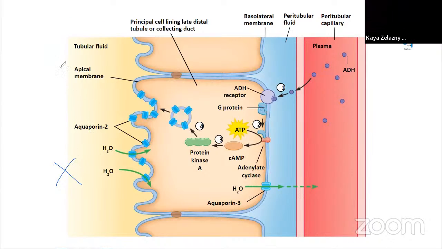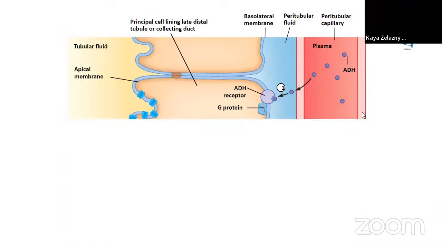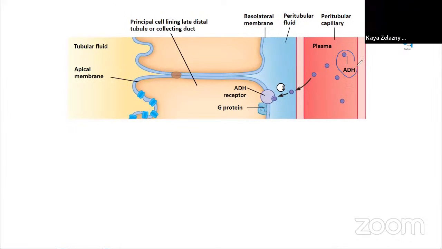So this is where we have our soon to be urine flowing. And this is our cell, specifically a principal cell in this tubule. We'll go through it piece by piece. All right. So the first thing we're keying in on is that we have ADH present.